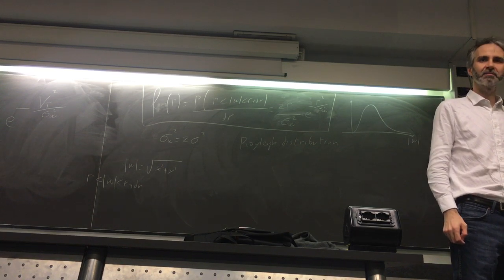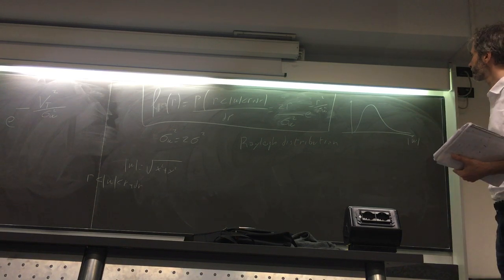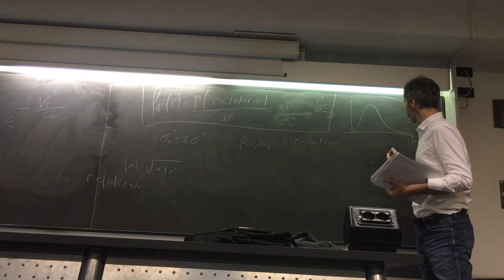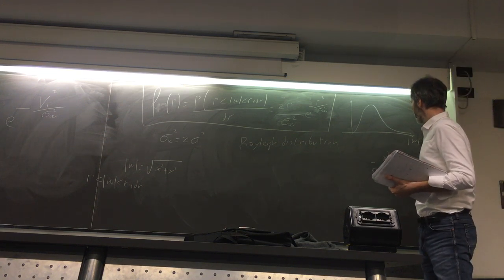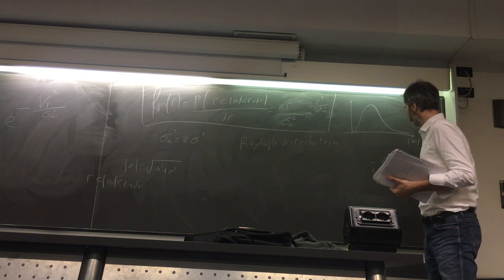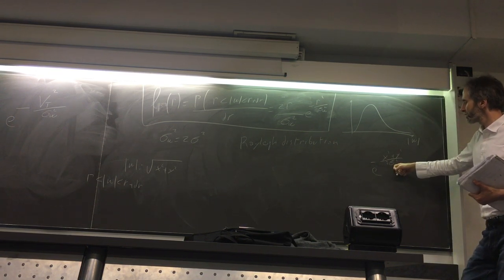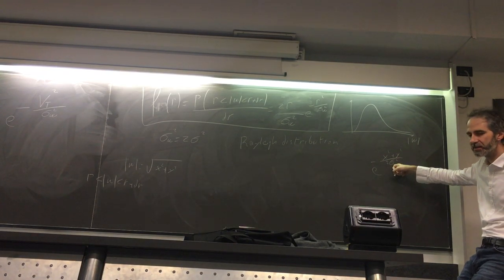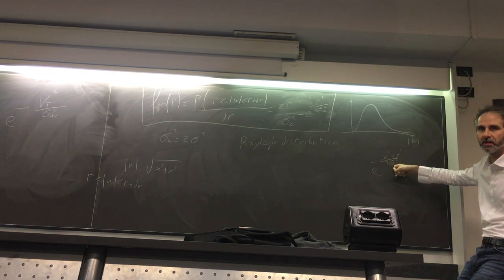Shouldn't there be a 2 in the exponent? No, there was a 2 in the argument of the exponential in the joint distribution of the real and imaginary part of the noise.